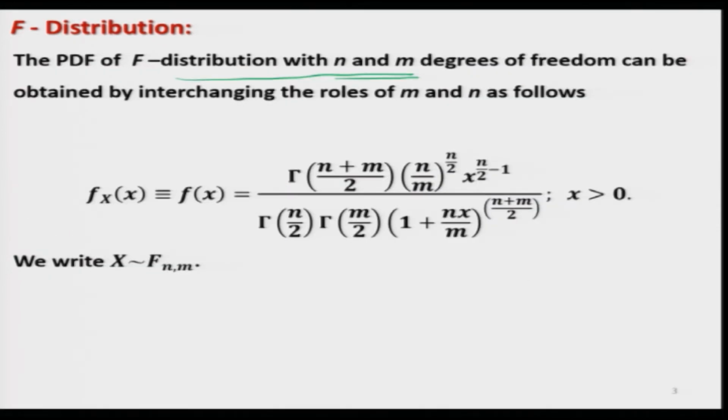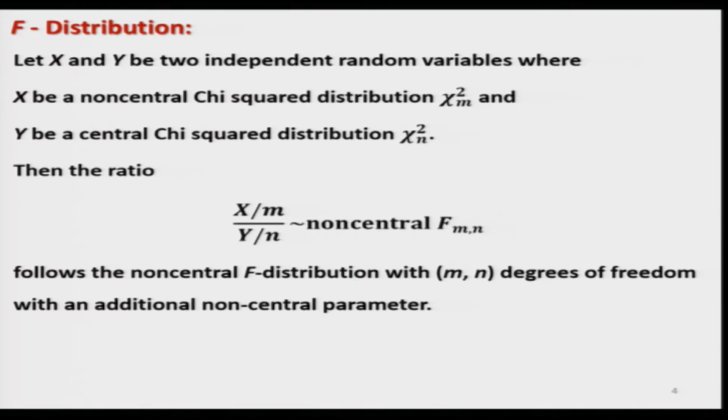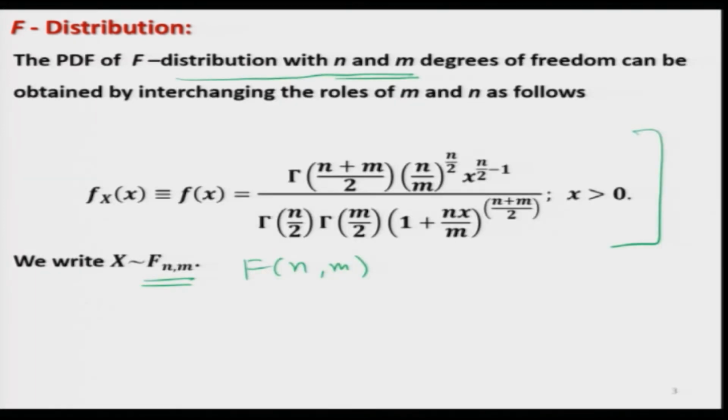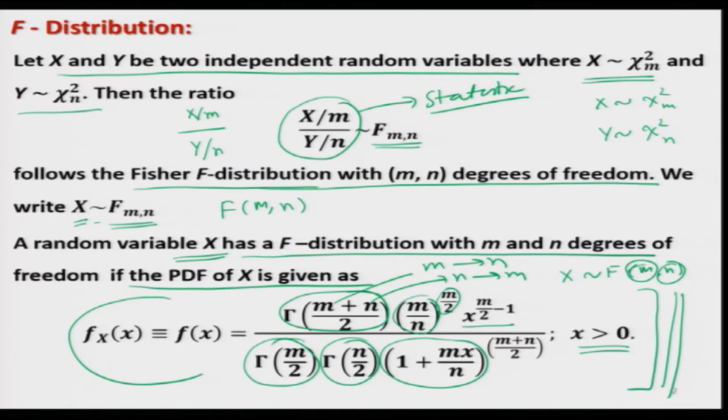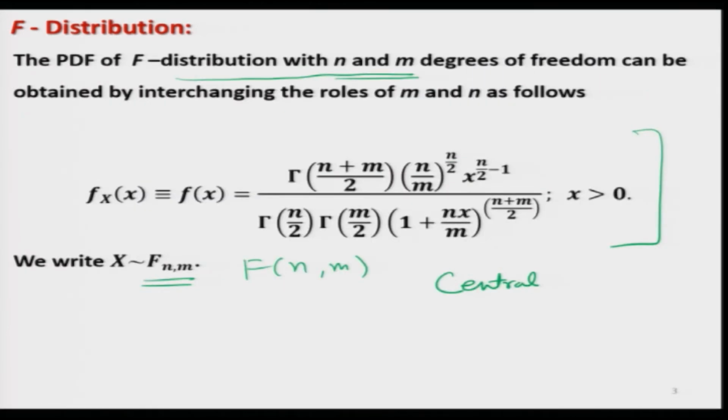Once you do this, you will get this PDF, and this will be indicated as x follows F with n, m, or whatever you want. And these are actually called central F distributions.